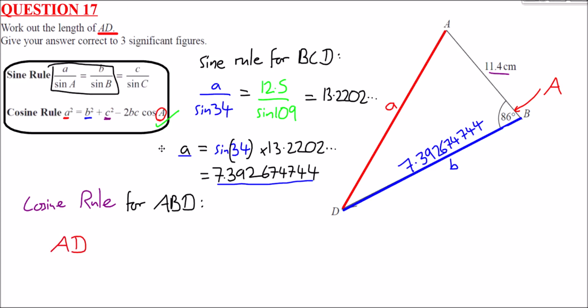So AD, this tells us what a squared is. So a on its own is a square root of this whole thing. It's a big square root as well. So it's going to be the square root of side b all squared. So this 7.39, so on and so on, all squared, plus side c squared, so plus 11.4 squared.